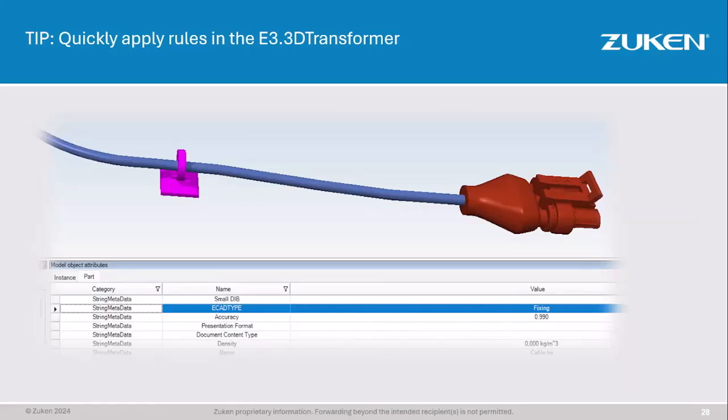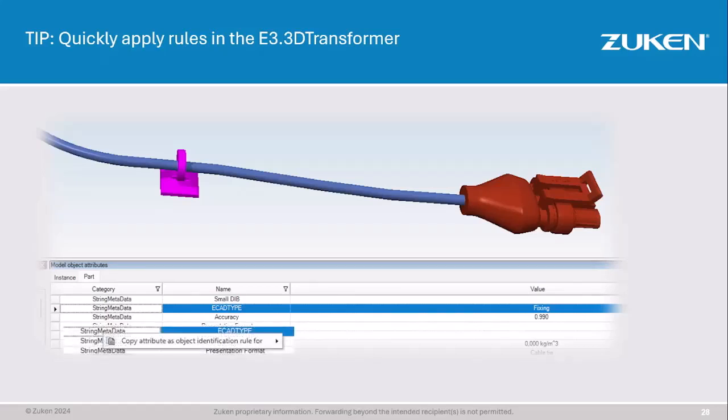When you are configuring the 3D transformer, it is quite simple and quick to transfer rules from the transformer to attributed data. For example, in our case here, we are looking at our fixin, so our cable tie fixin. We are going to use the attribute for ECAD type of fixin.